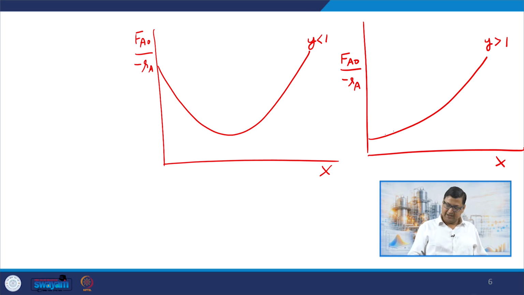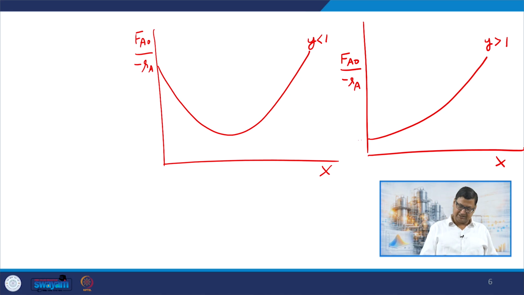Now, you can argue why it is increasing. Keep in mind that if I find it, you are going to find a minima at an x value which is negative, right. So, therefore, we have drawn like this. There is mathematically a minima for a negative x, but anyway that is not giving a meaningful conversion value. So, therefore, I am not plotting it.